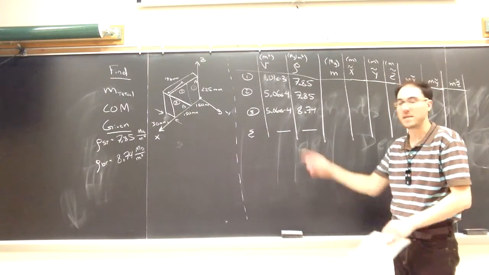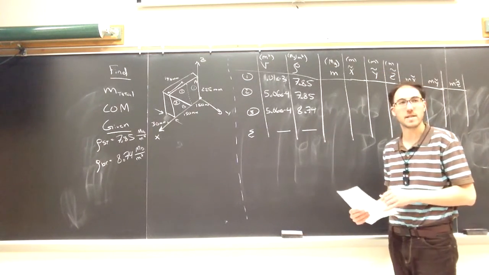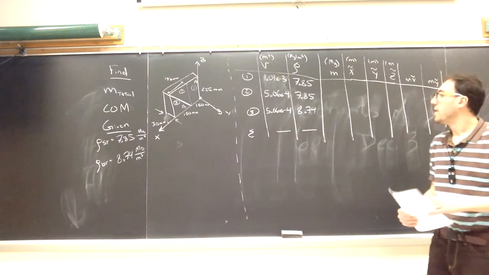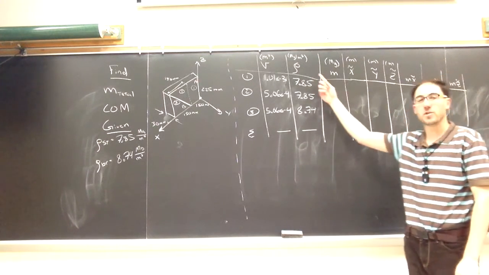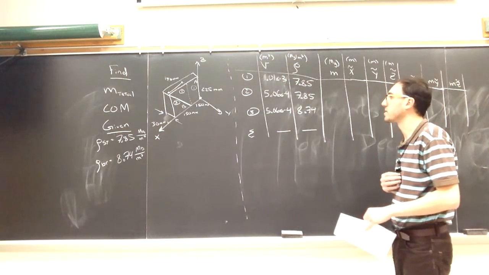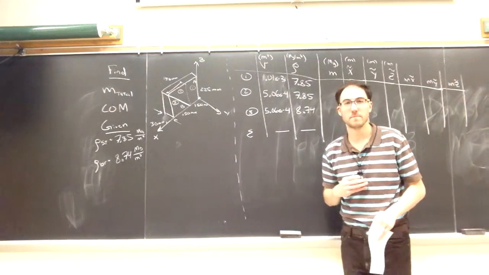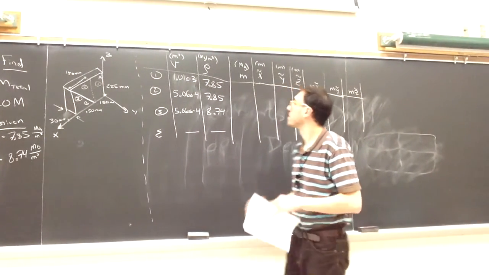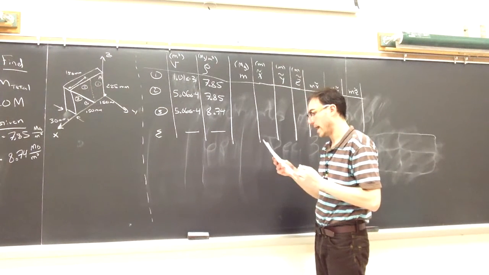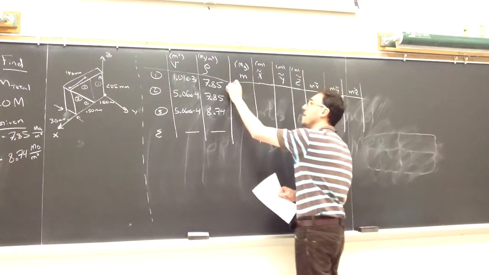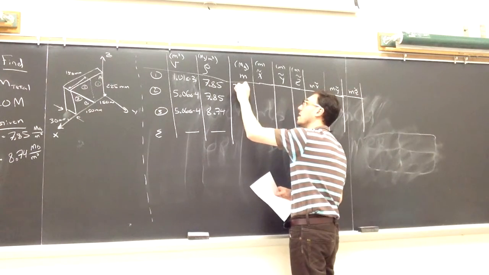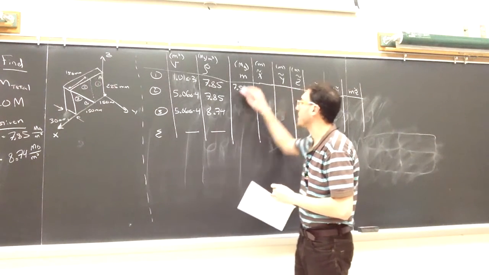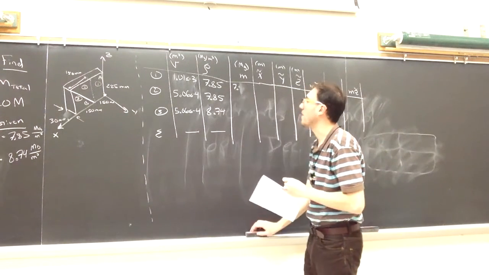To find the center of mass, we have to go through this more involved step. The mass of each of these shapes is just going to be its volume times its density. So for shape number 1, it has a mass of 7.95 times 10 to the negative 3 megagrams.